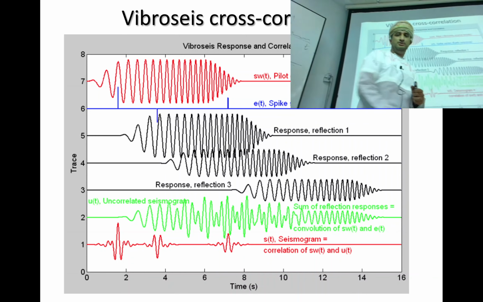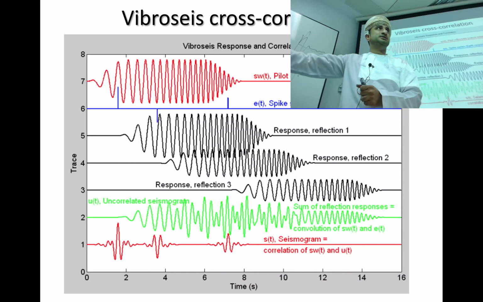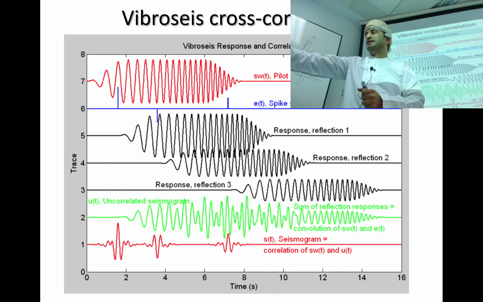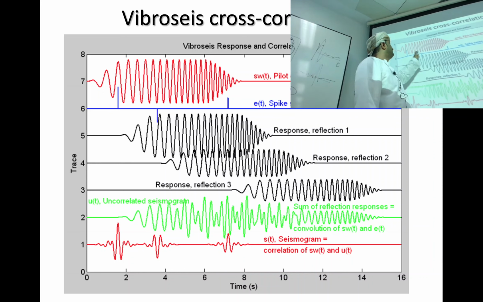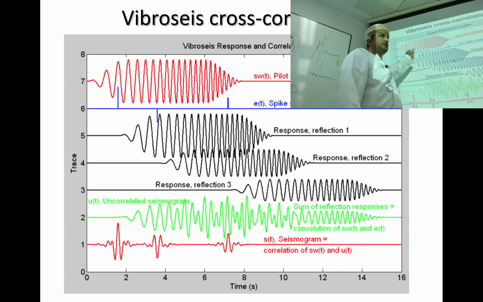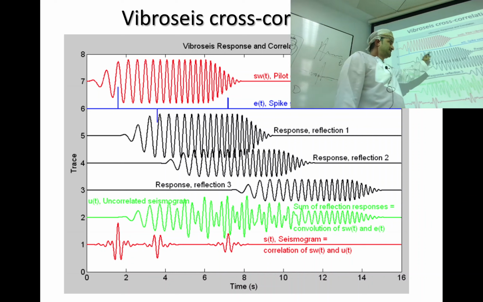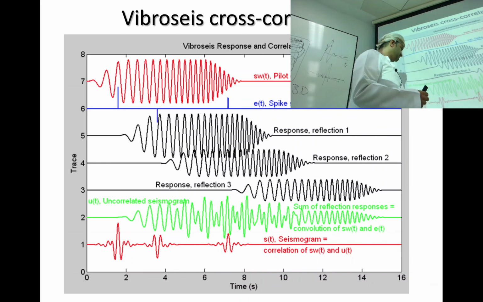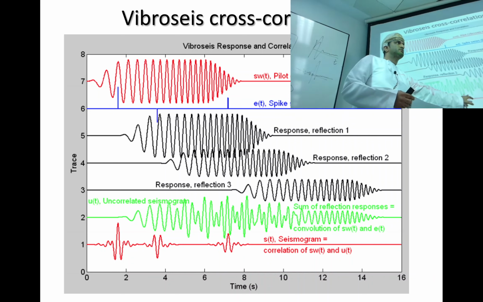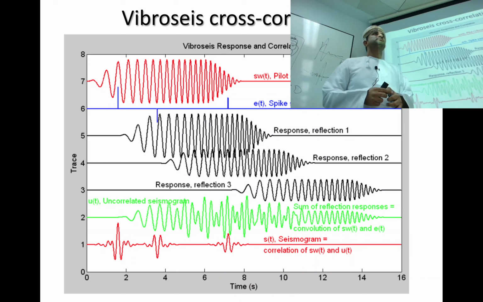It's like what you see there: the density and velocity product in this layer is lower than in the lower layer. That's what we call the reflectivity series. We'll talk again in some coming slides about what the reflectivity series is. So here it's positive, it's negative, it's positive again.